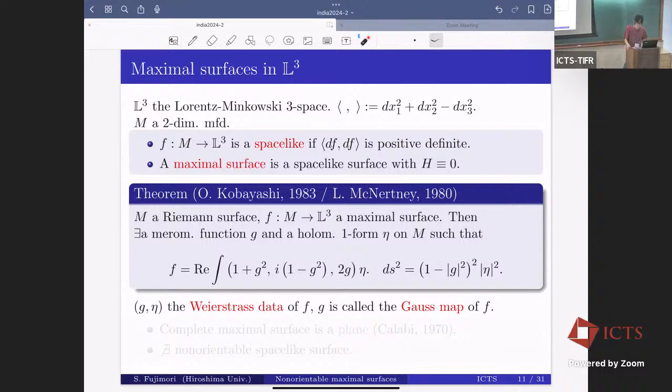So the stereographic projection is from the upper half of H2 to the disk, or the lower half of the hyperbolic plane to the outside of the disk. So anyway, we can say G is the Gauss map of F.